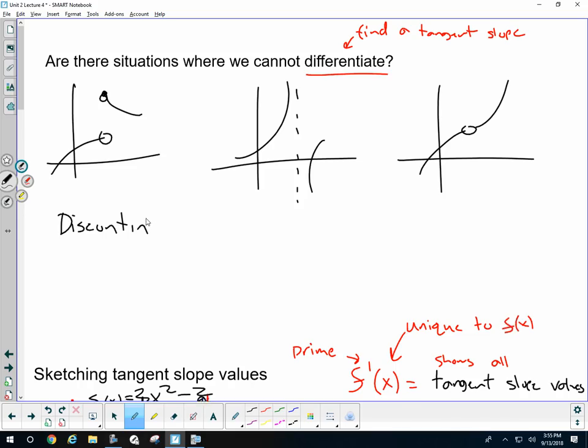But that's not it, because there are situations on continuous functions where you don't have a tangent slope. So, can anybody brainstorm a situation with a continuous function where at one location we don't have a tangent slope? Discuss.